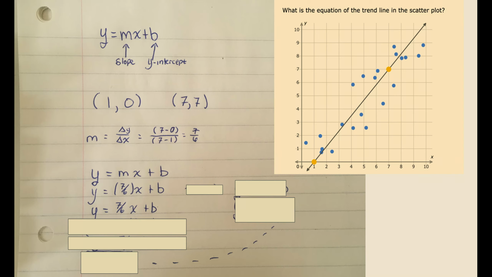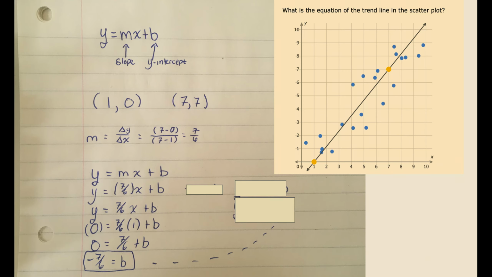What numbers are easier to deal with here? The point (1, 0) is easier, so I'm going to use the 1 for x and the 0 for y. As I simplify down and solve for b, I get negative 7/6.